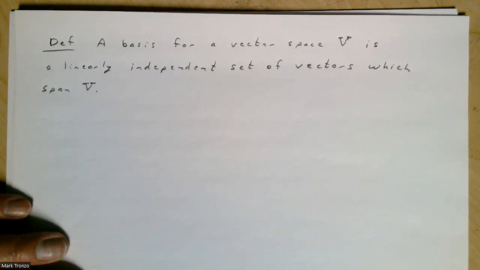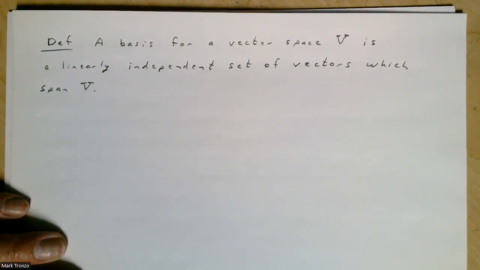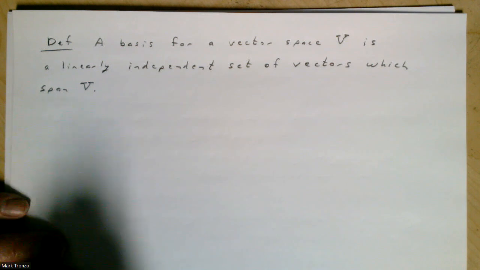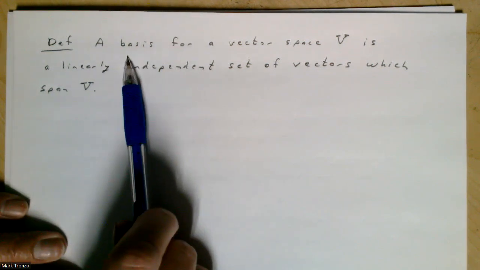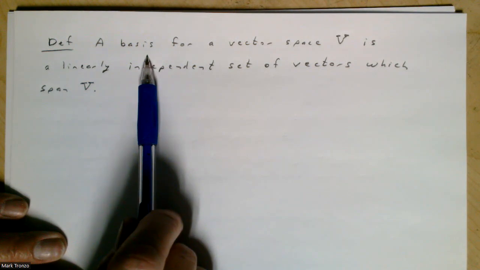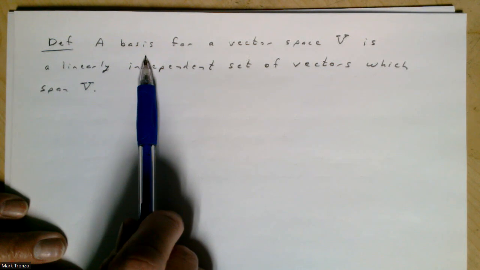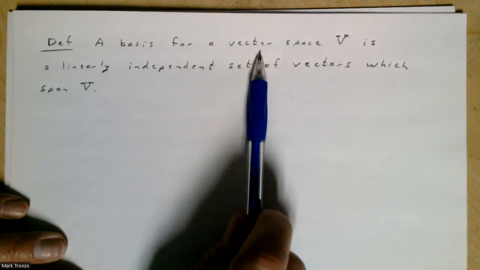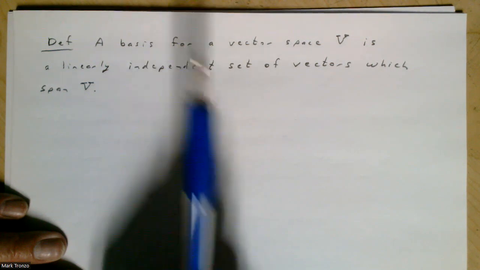And there's several things you can see from this. The basis is kind of the ideal set, such that you can get every vector in the space by taking linear combinations of the basis vectors.